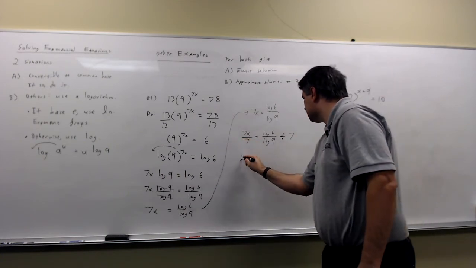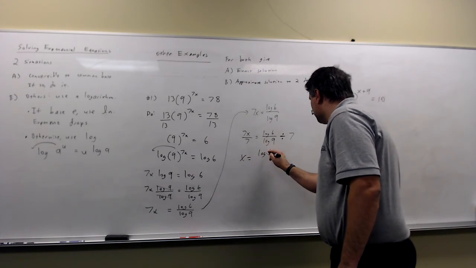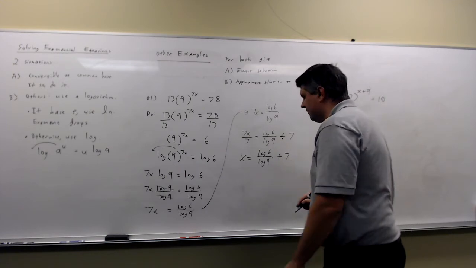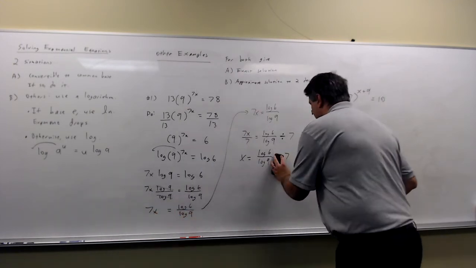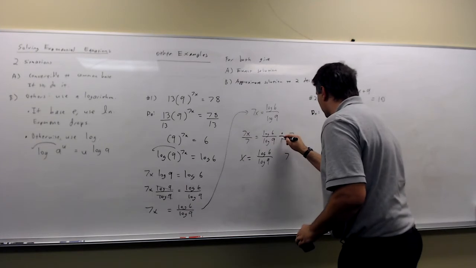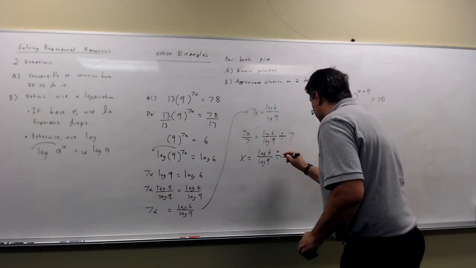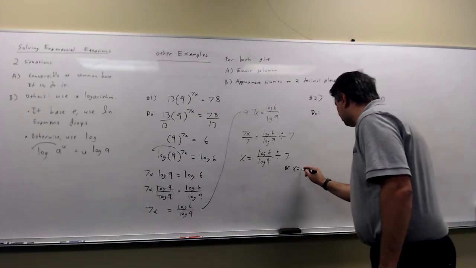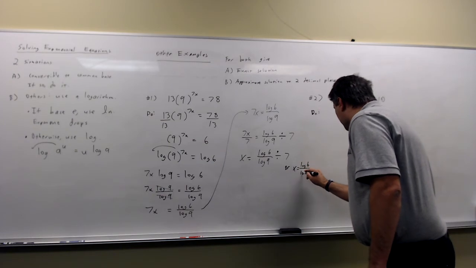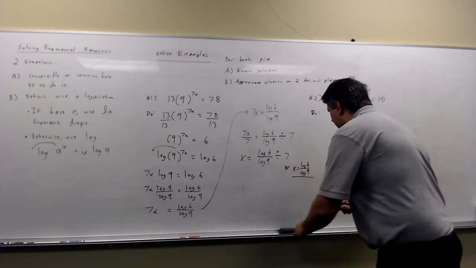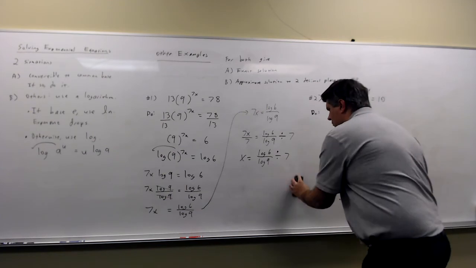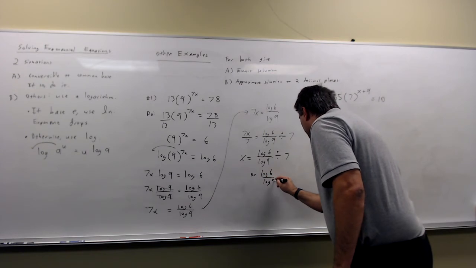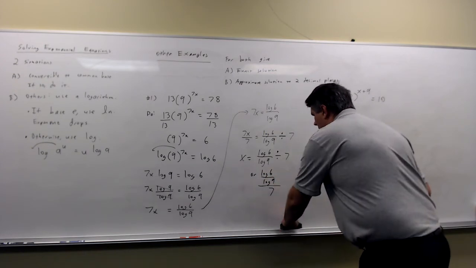So x equals log 6 over log 9 divided by 7. Alternatively, you could also describe this as log 6 over log 9 over a bigger fraction bar with the 7.